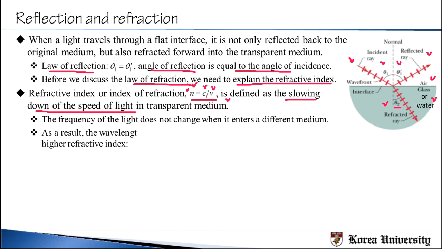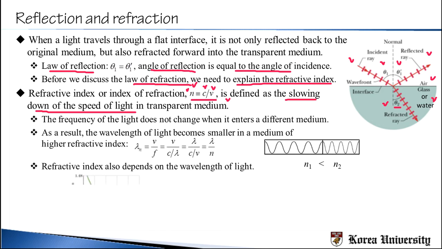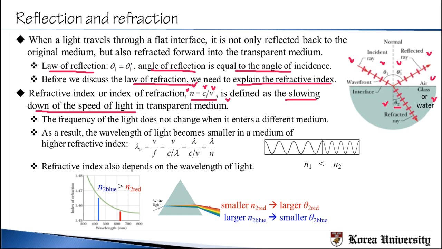Okay. And then now let's see another result of this refractive index. In order to discuss it, first we have to understand that the frequency of light does not change even when it enters a different medium. Okay, this is something we have to remember, and this is important because for any wave, the velocity is determined by the wavelength multiplied by the frequency.